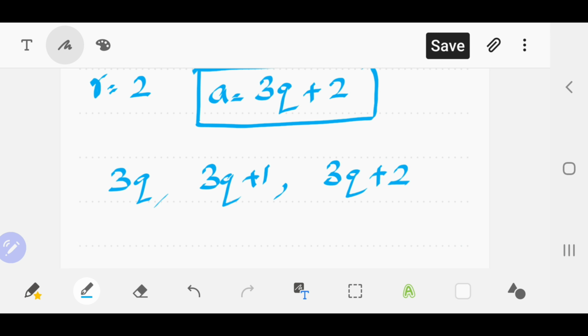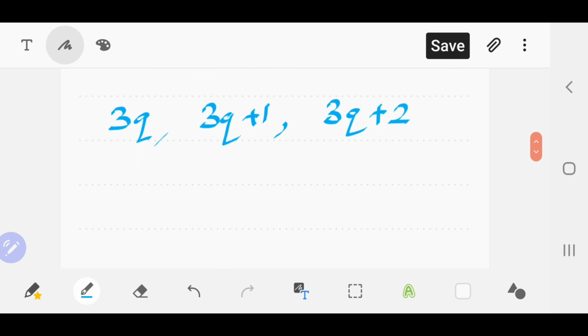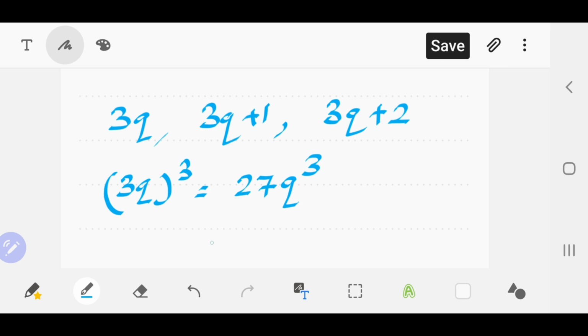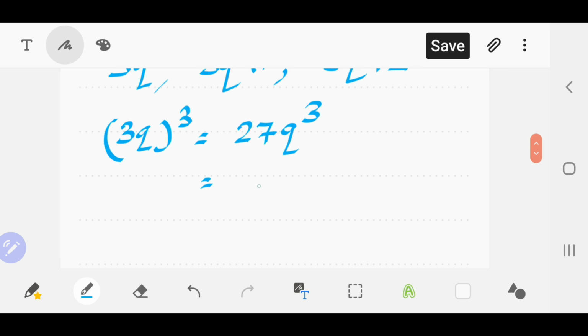So now what we have to do? The question is the cube of any positive integer. So we got three numbers and we have to find the cube. What is 3q the whole cube? It will be 27q cube. 27q cube we can write as 9 into 3q cube.